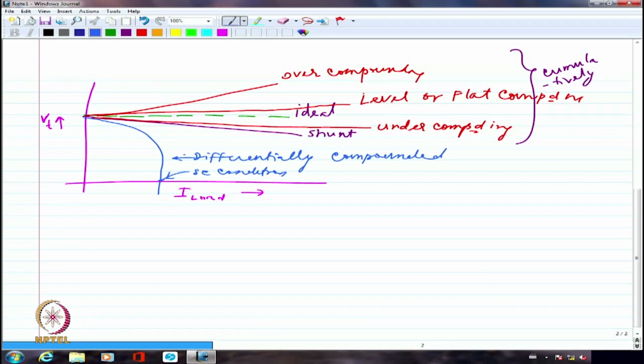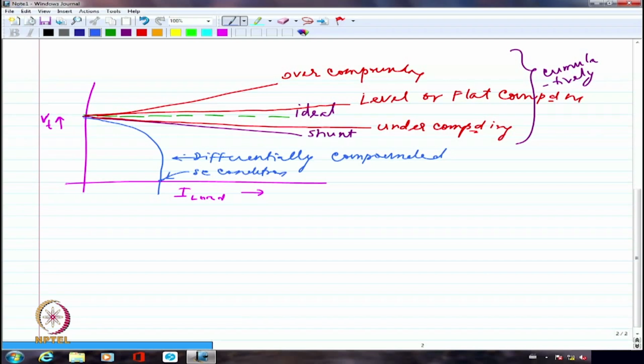So in the case of a welding generator, I can use a differentially compounded DC generator, which will work perfectly fine, especially when the workpiece and the electrode are getting stuck to each other. You will still have a short circuit condition with limited current because the voltage itself is getting really limited in the case of differentially compounded generator.